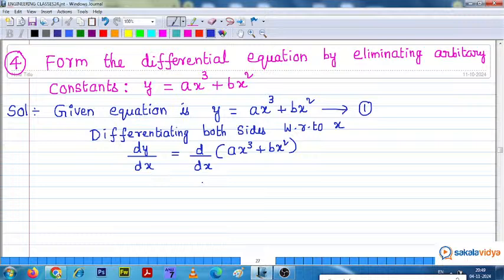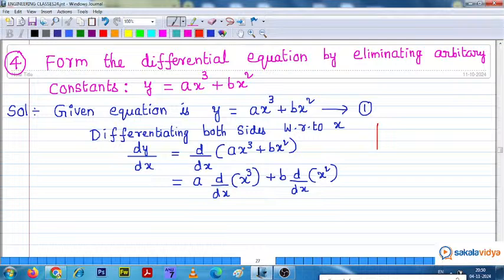So what do you write now here? a times d by dx of x cube plus b times d by dx of x square. So my dear students, remember this formula: d by dx of x to the power of n is equal to n times x to the power of n minus 1. So using this simple concept, this problem can be solved.